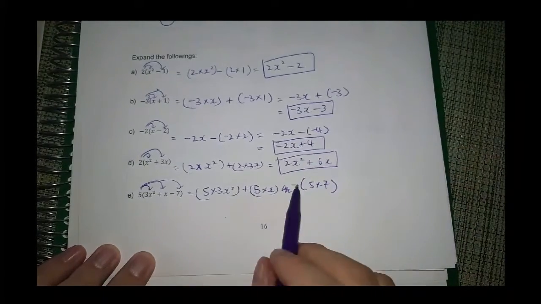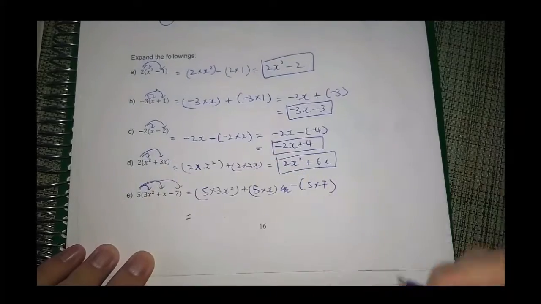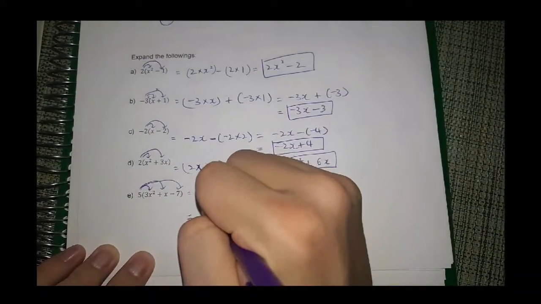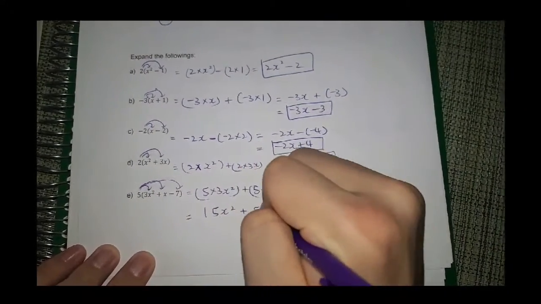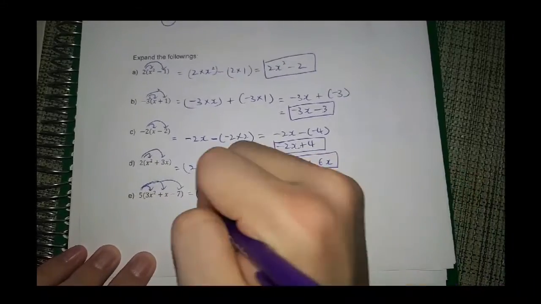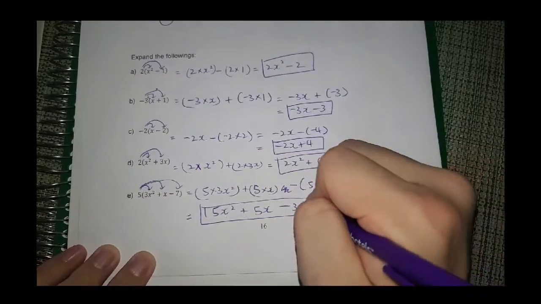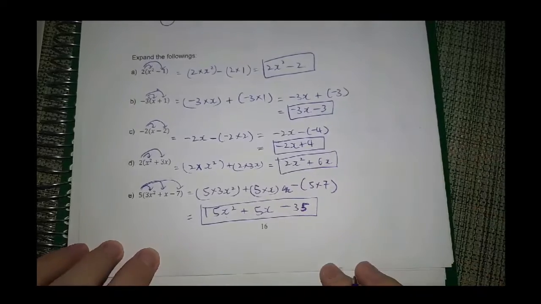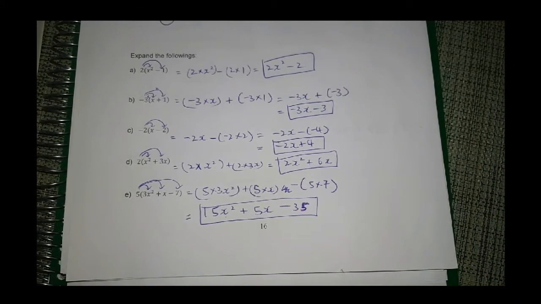I sometimes keep the sign the way that it is to make my life easier. That's what I have: 15x squared plus 5x minus 35.